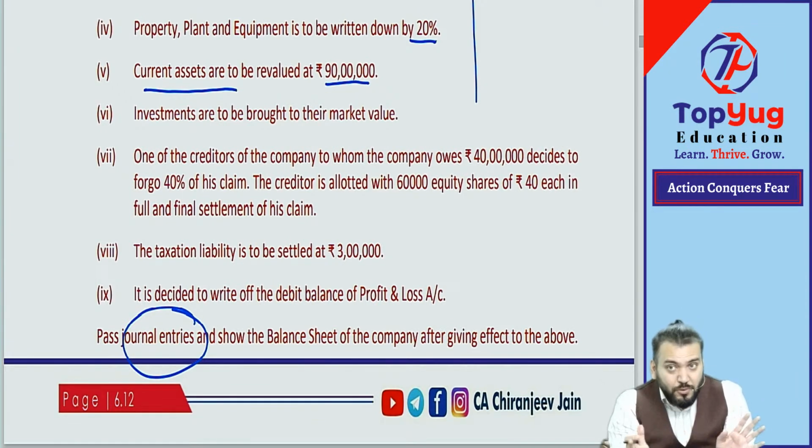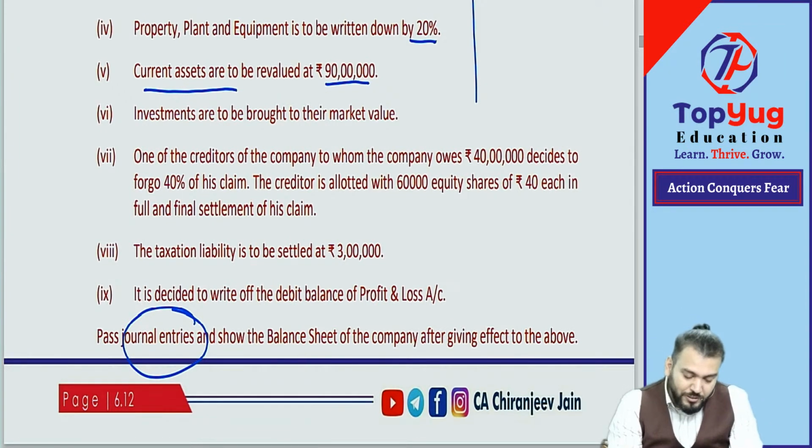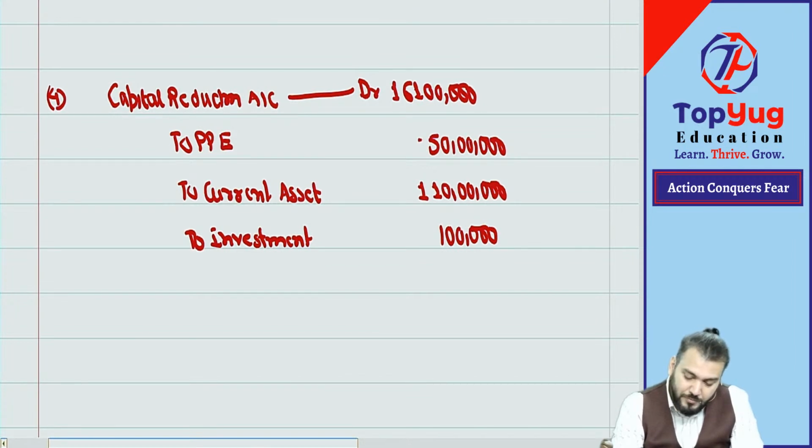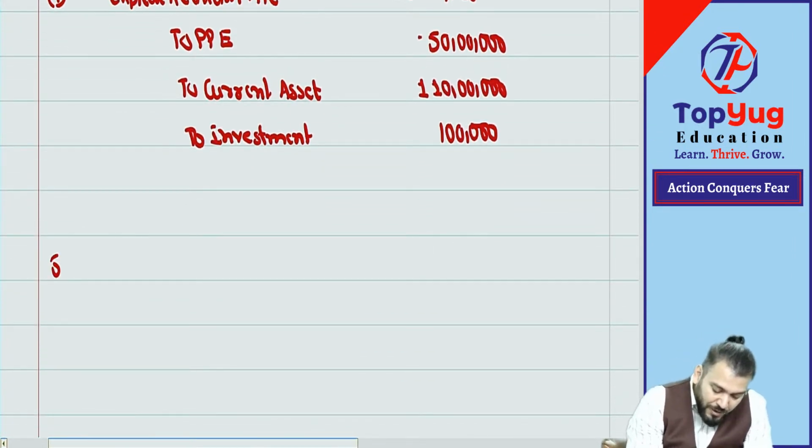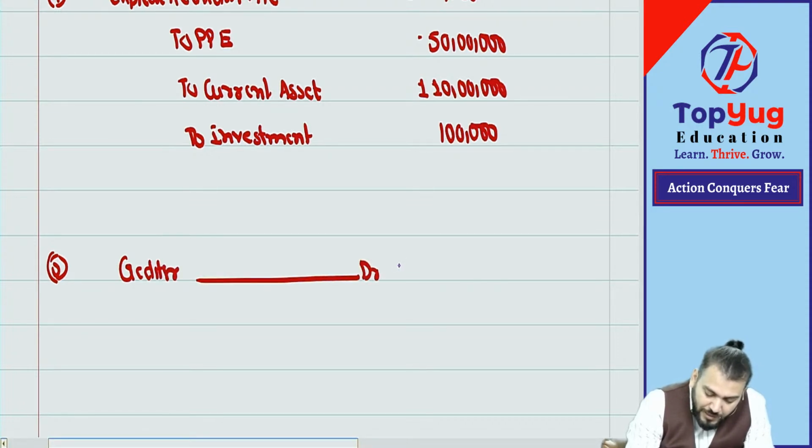Understood? So in full and final settlement, what do they want to say? Creditor account debit. Point number 5, creditor account debit. What is the amount? 40 lakh. Understood? To how much reduced?